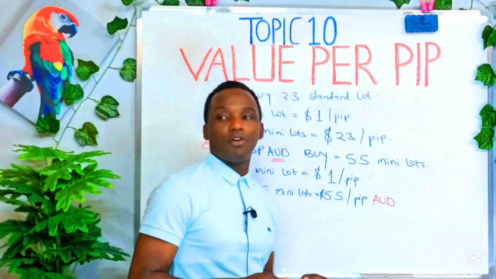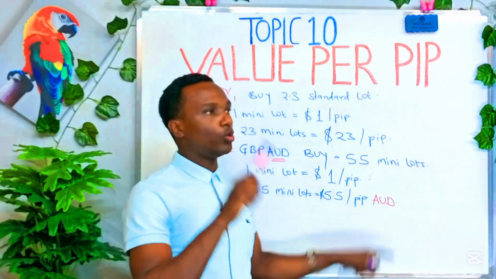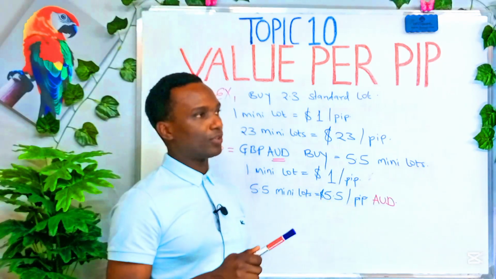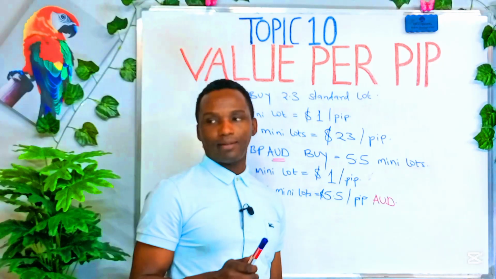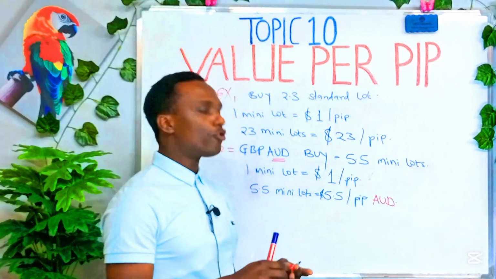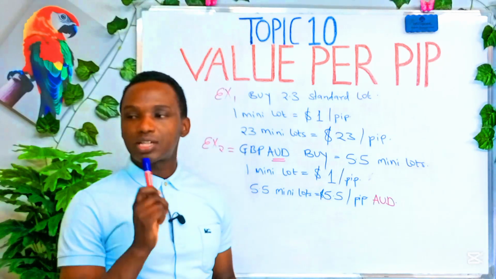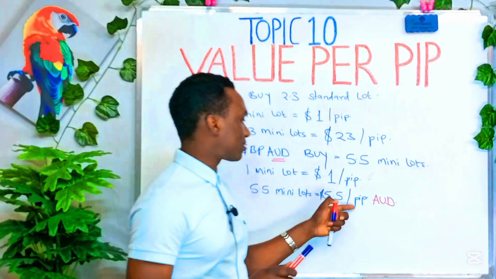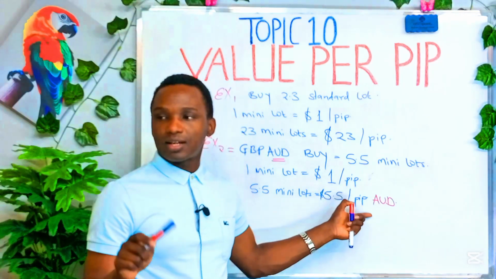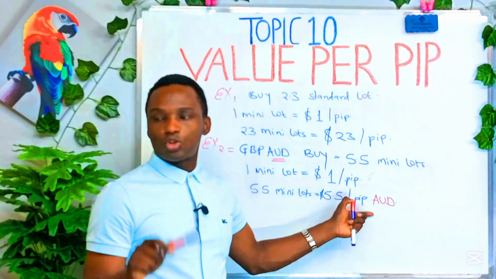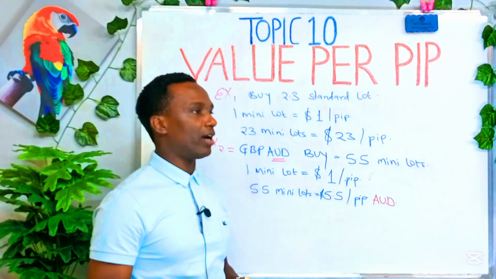Therefore, the next step is to translate AUD to USD, depending on your account currency. Remember, if your account currency is different from your quote currency, you must translate the quote currency to that of the account currency.